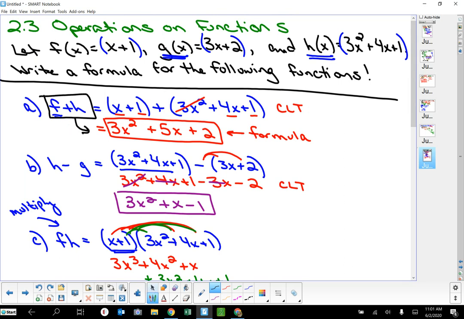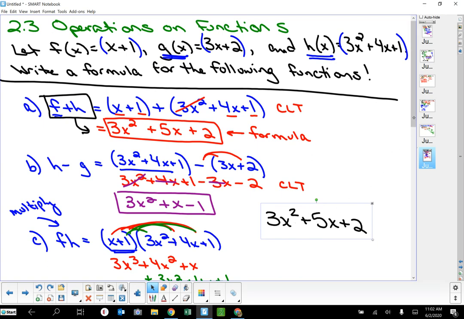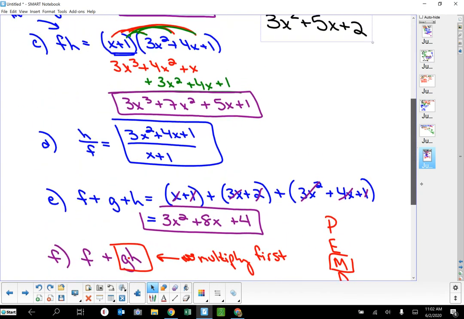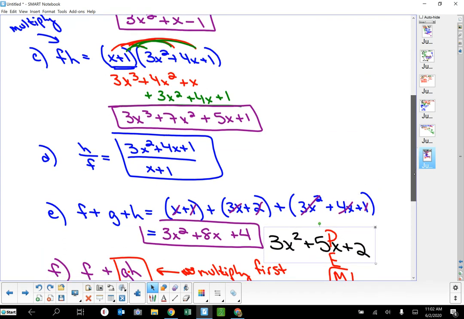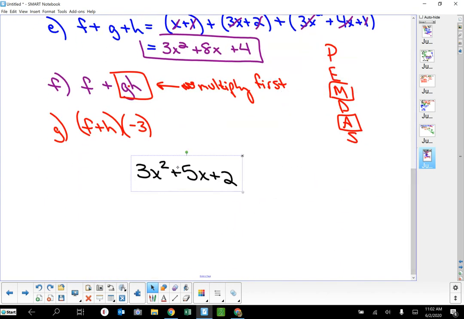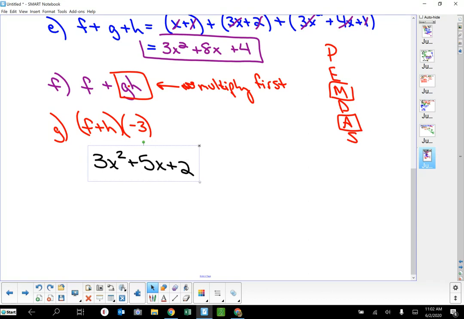So I'm going to take 3x squared plus 5x plus 2 and move it down the screen. We're just going to borrow this. This is f plus h.